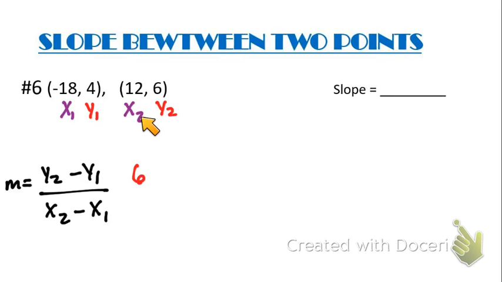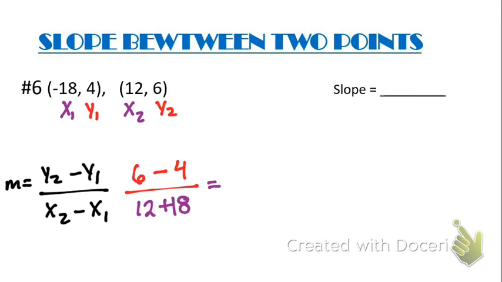So this is y2, so 6 and then minus 4. And then our bottom, x2, which is 12, minus a negative 18. Now notice I put this in parentheses because we have two negatives. You do have the option that since you recognize that you have two negatives, you can go ahead and write plus 18.